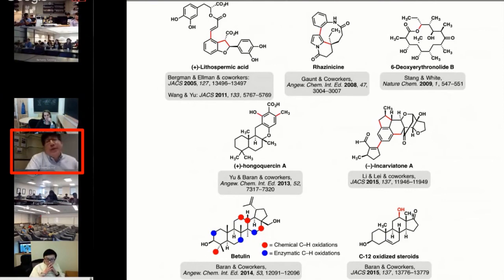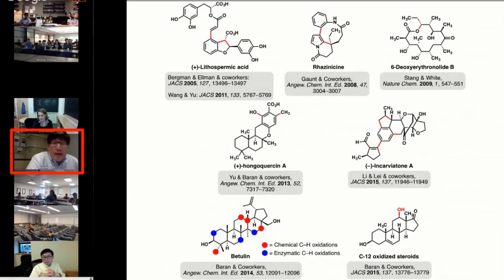There's the beautiful synthesis of deoxyerythronolide B by Christina White in her lab at the University of Illinois, Urbana-Champaign. That was a very bold idea to create the macrocyclic ring in the course of a macro ring forming CH oxidation reaction. The Hongo-Quercetin synthesis from Jin Kwan, also fantastic.